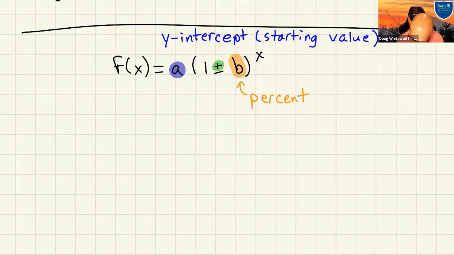When that's an addition, it's a percent increase. When it's a subtraction, it's a percent decrease.